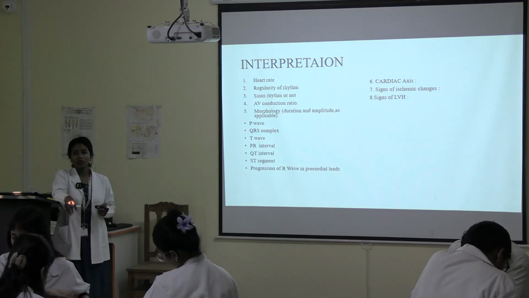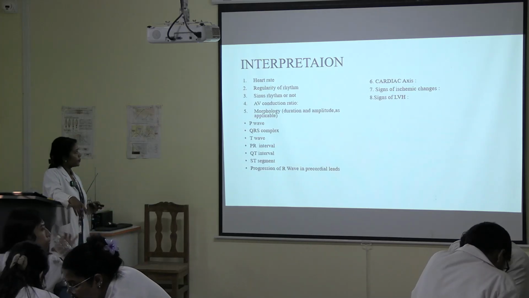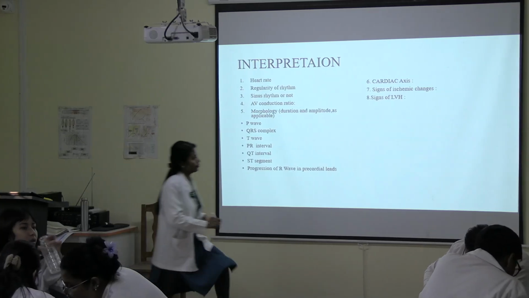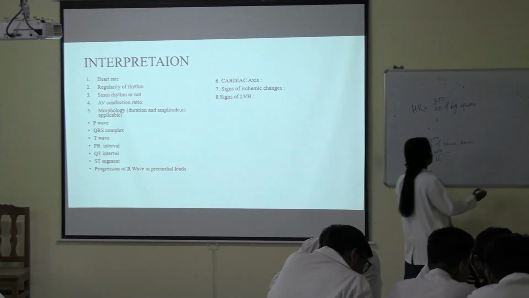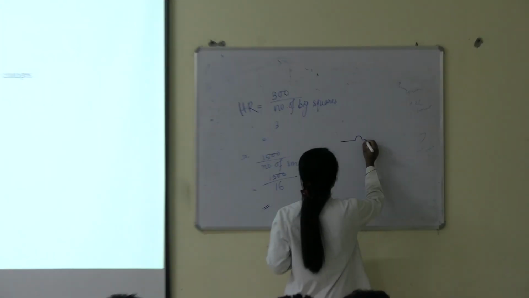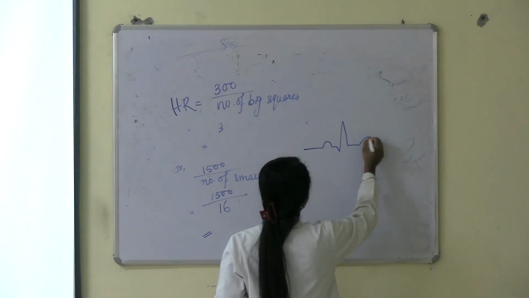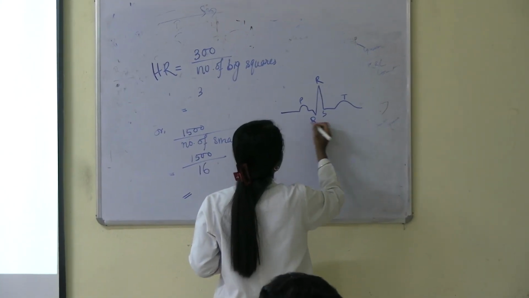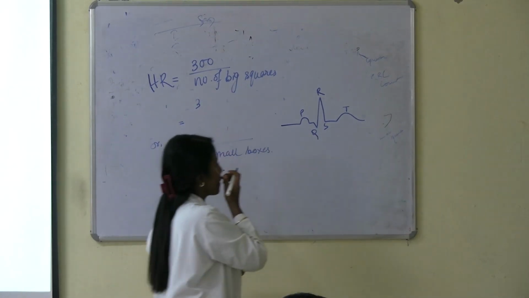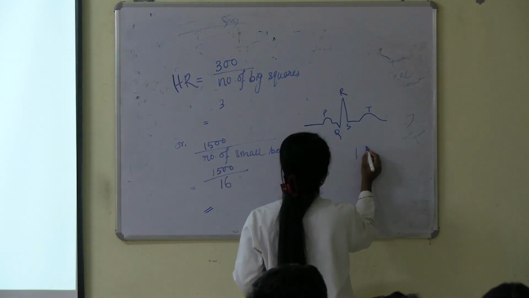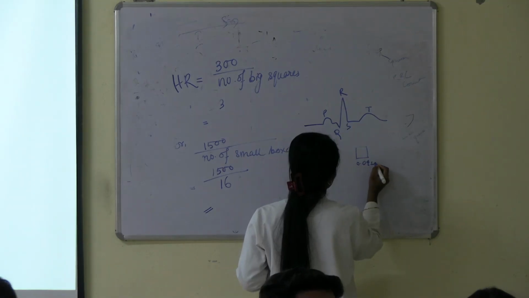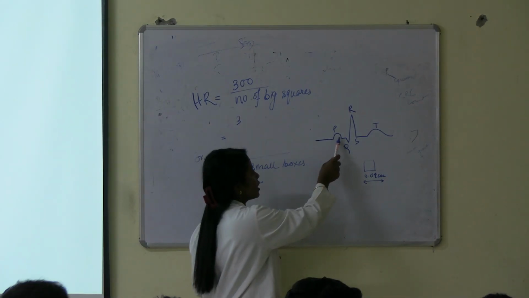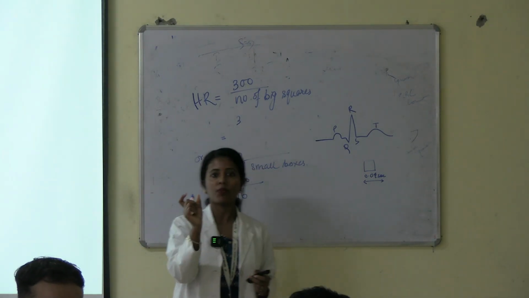Just count. If you see in lead 2, you have to count inside the P wave how many boxes are there.